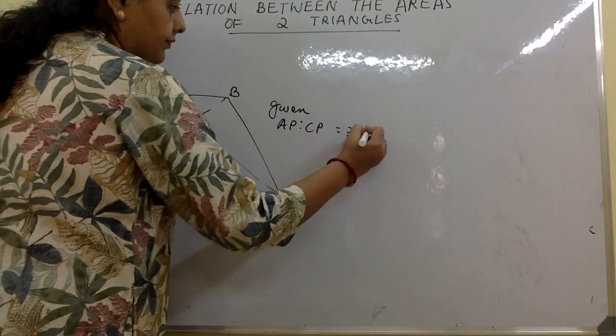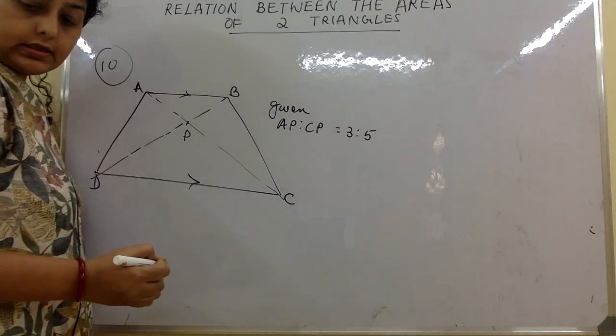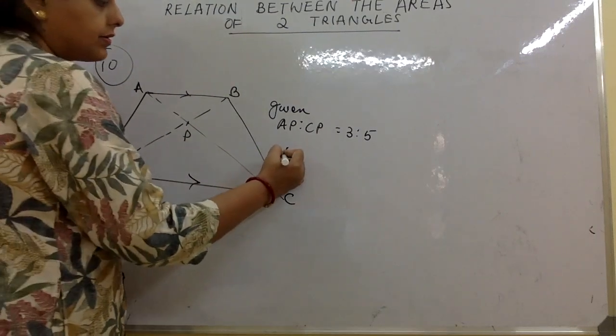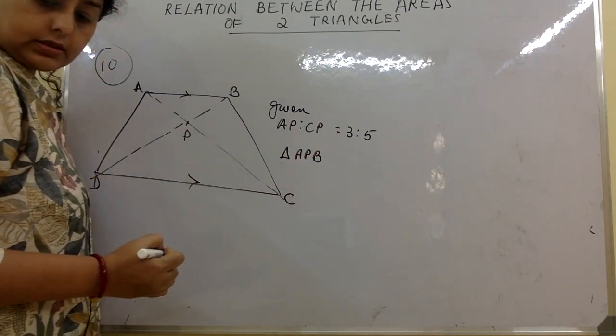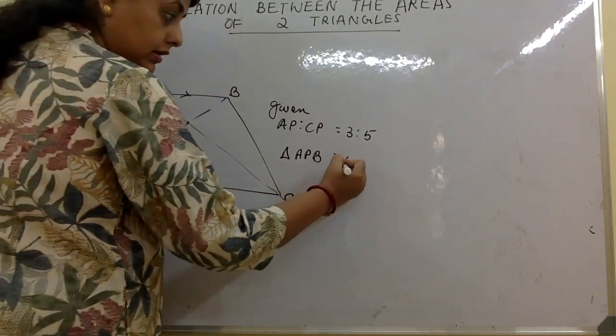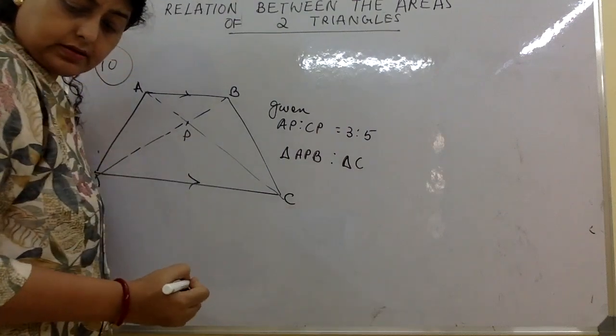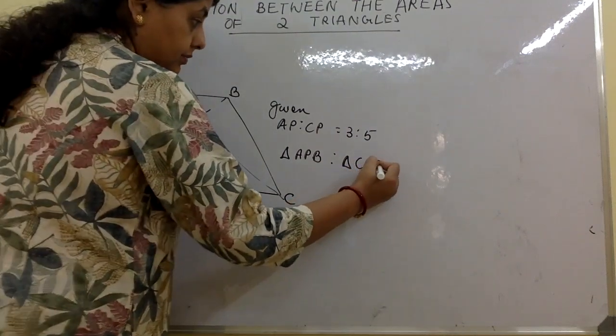Given AP is to CP is 3:5. Then we have to find triangle APB is to triangle CPB.